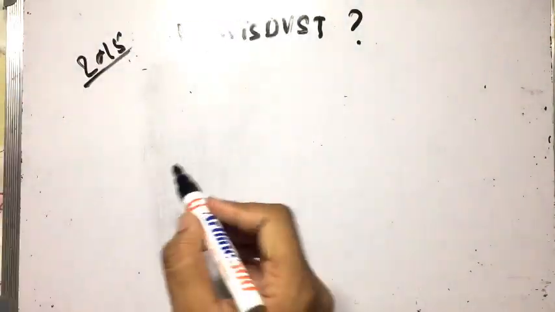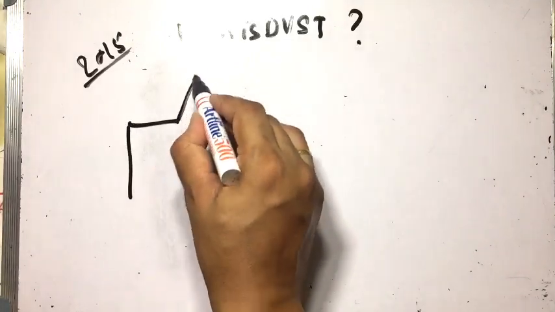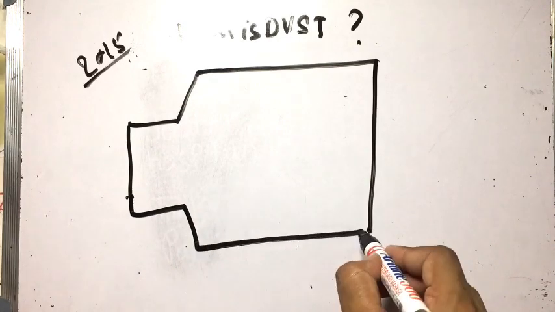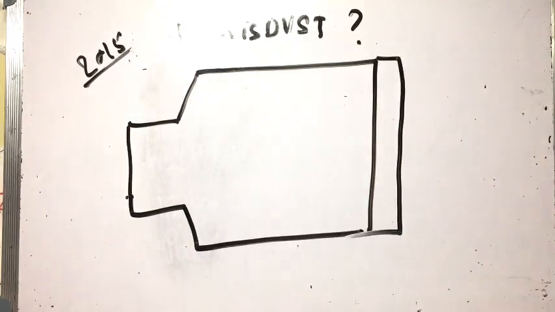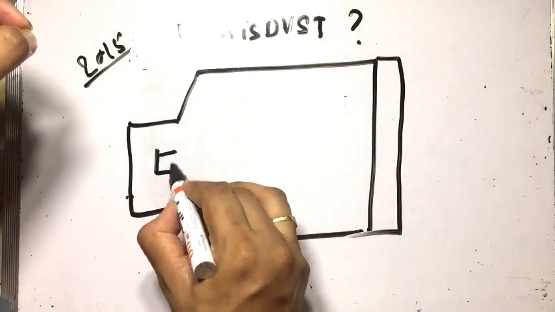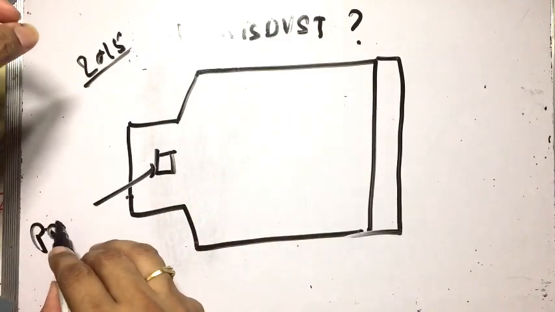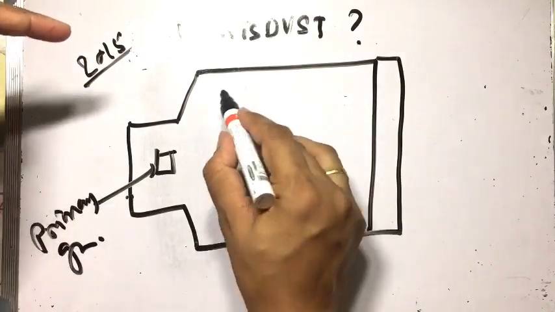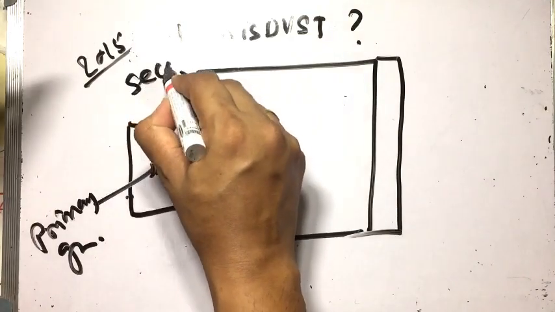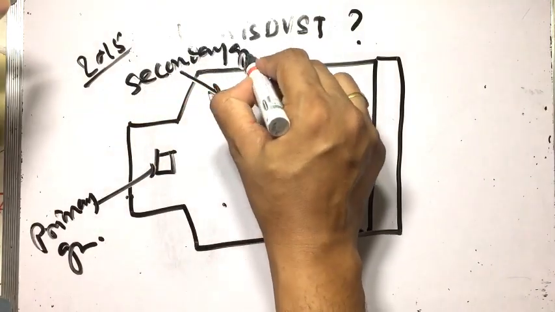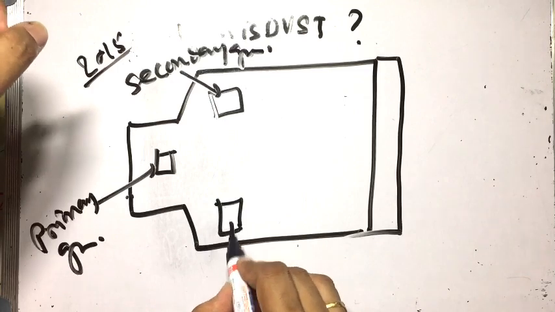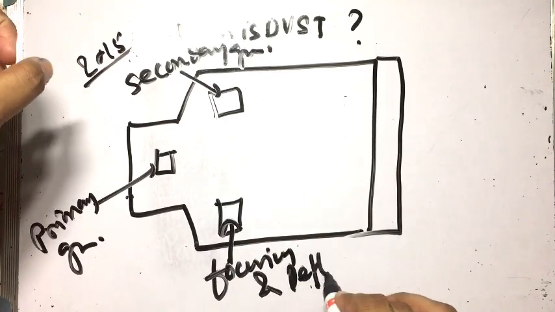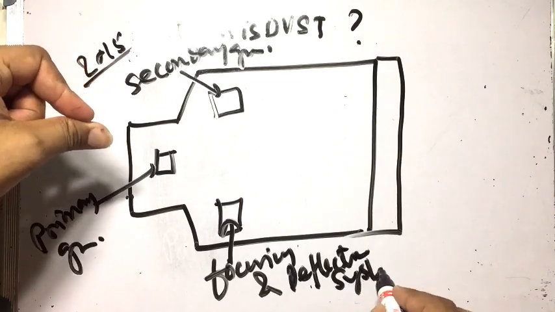The diagram of DVST is like this. There are two guns: one is the primary gun, another is the secondary gun, and there is a focusing and deflection system.